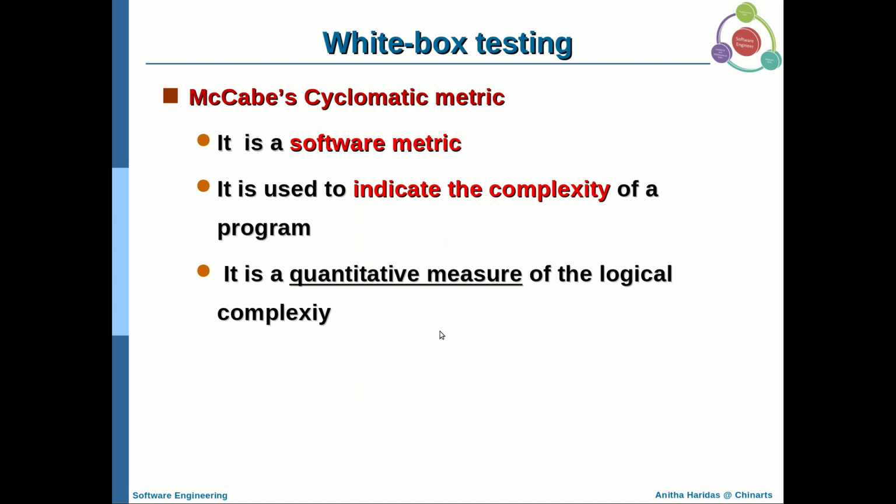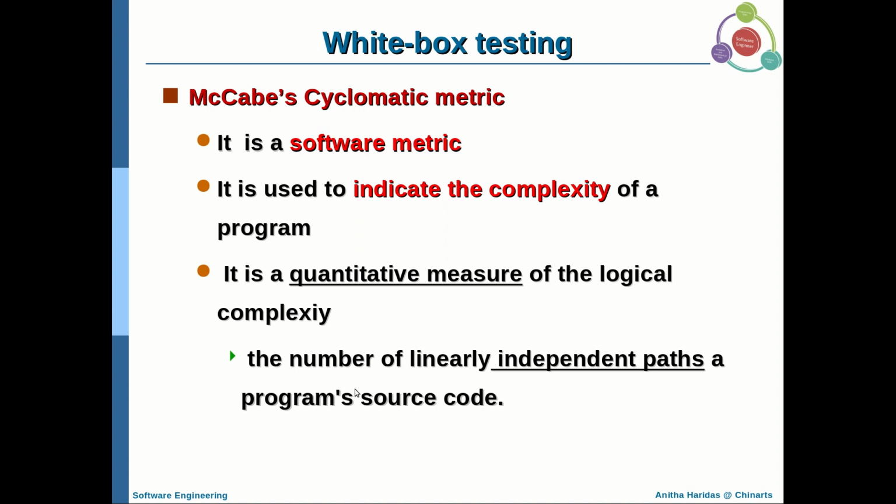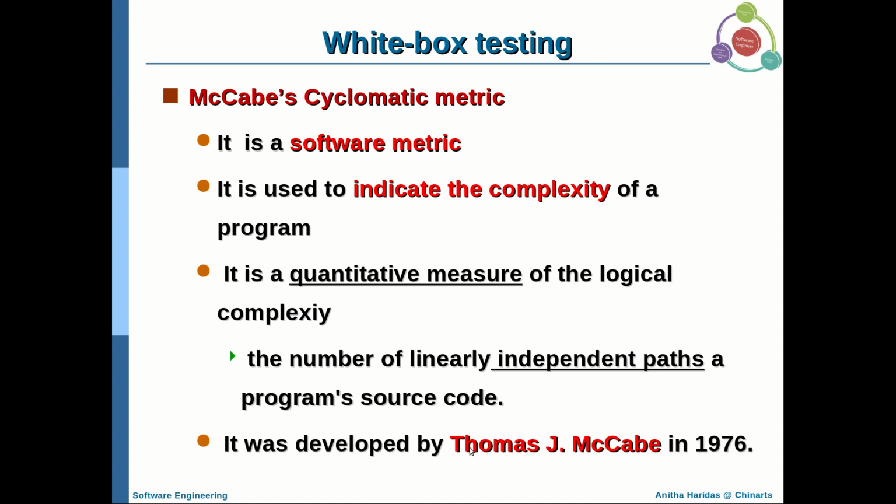Logical complexity describes the execution flow of the program. Or you can say it is the number of linearly independent paths of the program's source code. Linearly independent paths can be identified using this particular metric. And this was developed by Thomas McCabe in 1976.